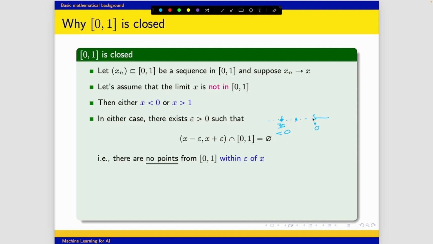We can pick any value between here and here. And for the sake of argument, let's just pick the point here that lies halfway between 0 and x. And so we can define that distance as epsilon. And then we can define another point here, which is equidistant as this point from x here. And that's our interval. So we can always find an epsilon such that this is true.